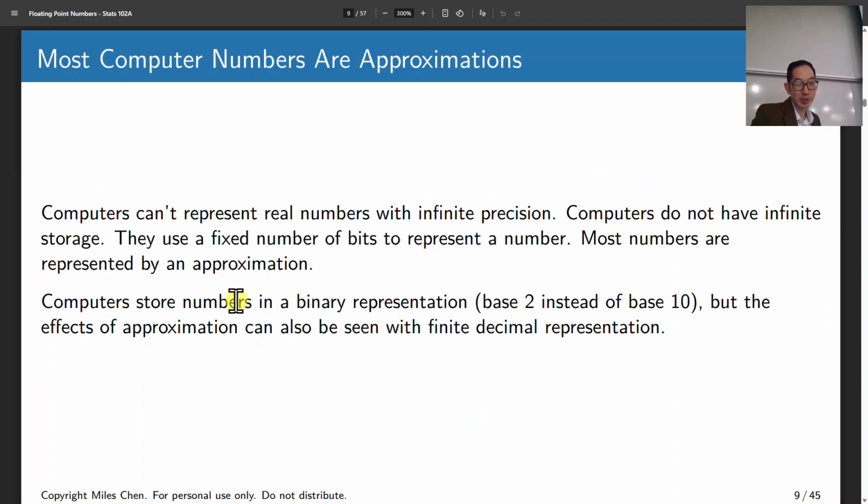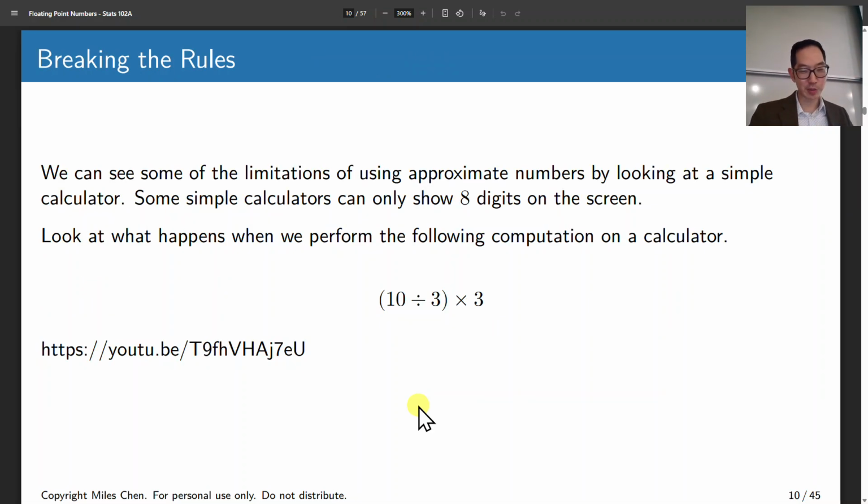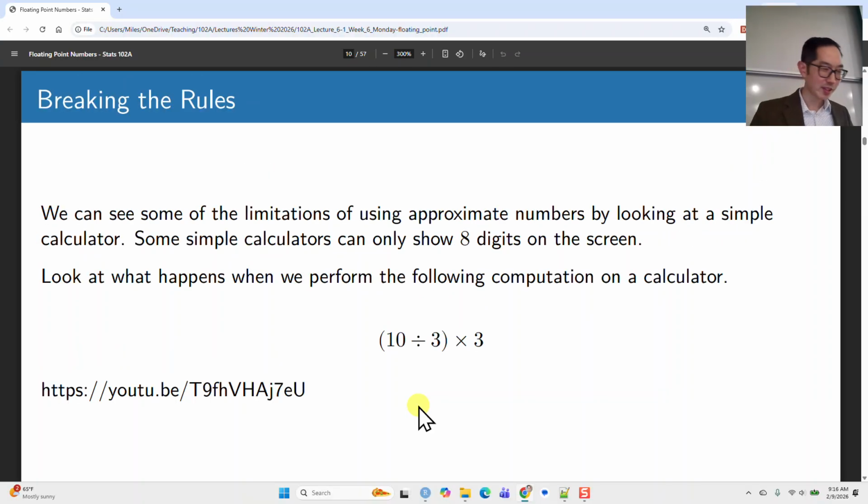let's see. Computers store numbers in binary representation, base 2 instead of base 10. Okay, but I'm going to show you a calculator that represents numbers, internally it's actually binary as well, but on the screen it's a decimal approximation, and stuff happens.